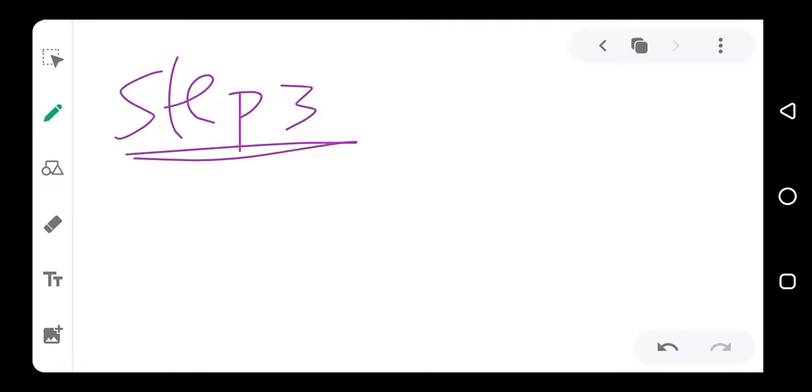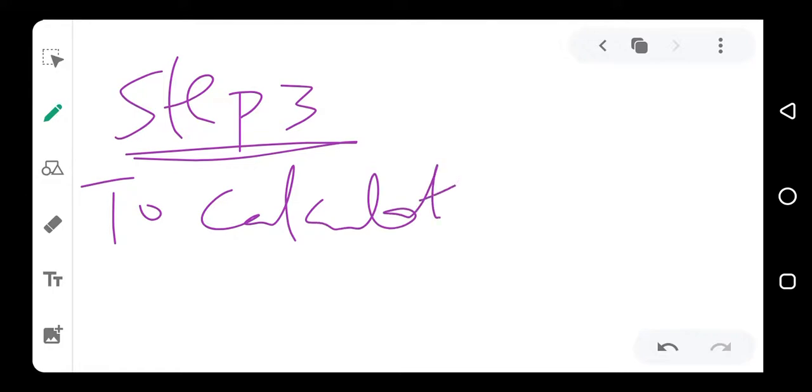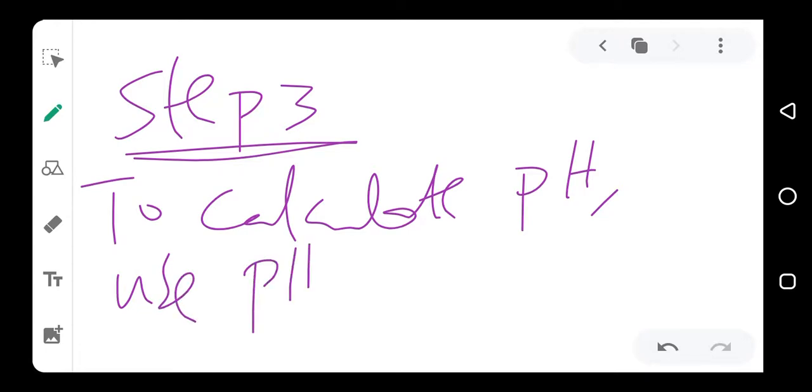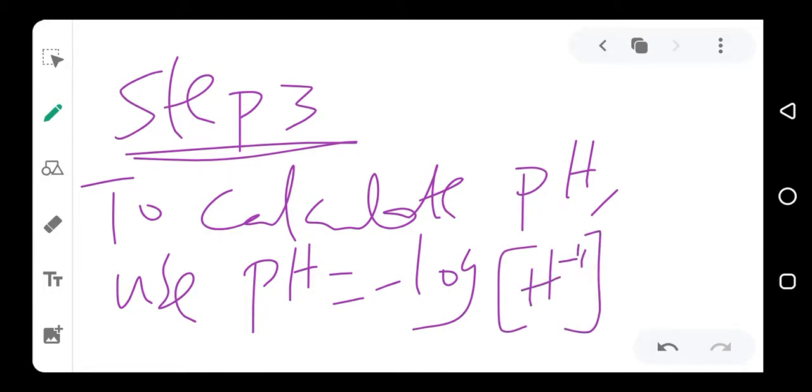Now step 3. In step 3, if we are calculating pH, use pH equals negative log of hydrogen ion concentration.